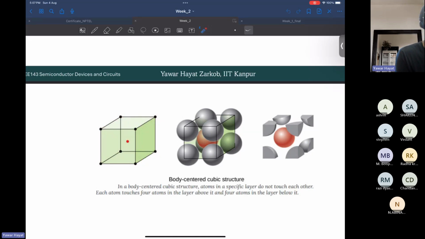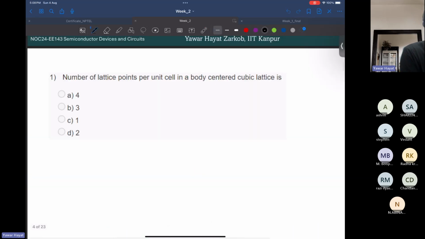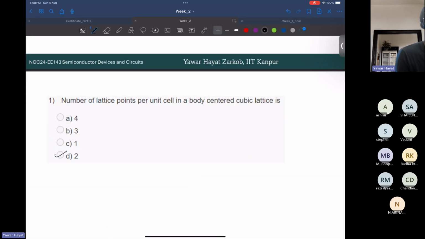So what is the number of lattice points per unit cell in a BCC lattice? The corner atoms contribute 1 by 8 each, and there are 8 such atoms, so it's 1 by 8 times 8, plus 1, this one. So this is 1 plus 1, and that is 2. So we'll go with option 2, which all of you pointed out.